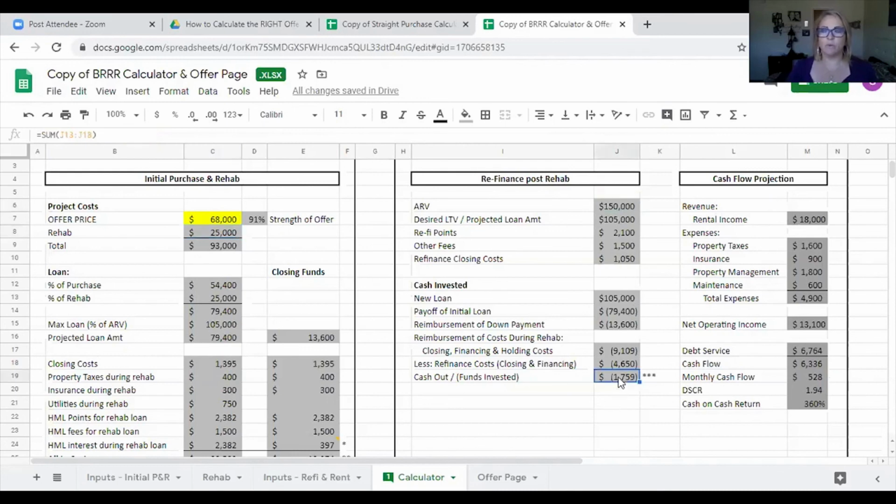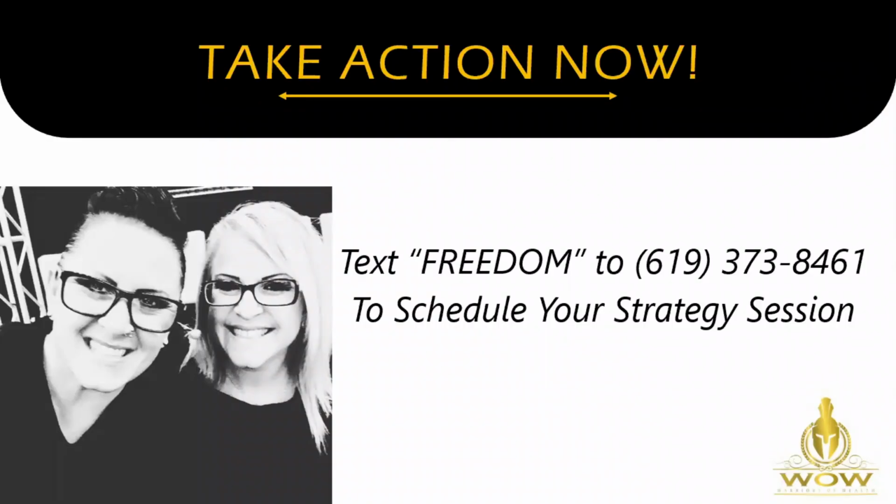But it greatly lowered the amount of money I'm leaving in the property when I refinance, and my cash on cash return went to 360%. So knowing how to put these pieces together and do the calculations gives you more visibility into the future, so that you can make sure you're paying the right price in the very beginning.